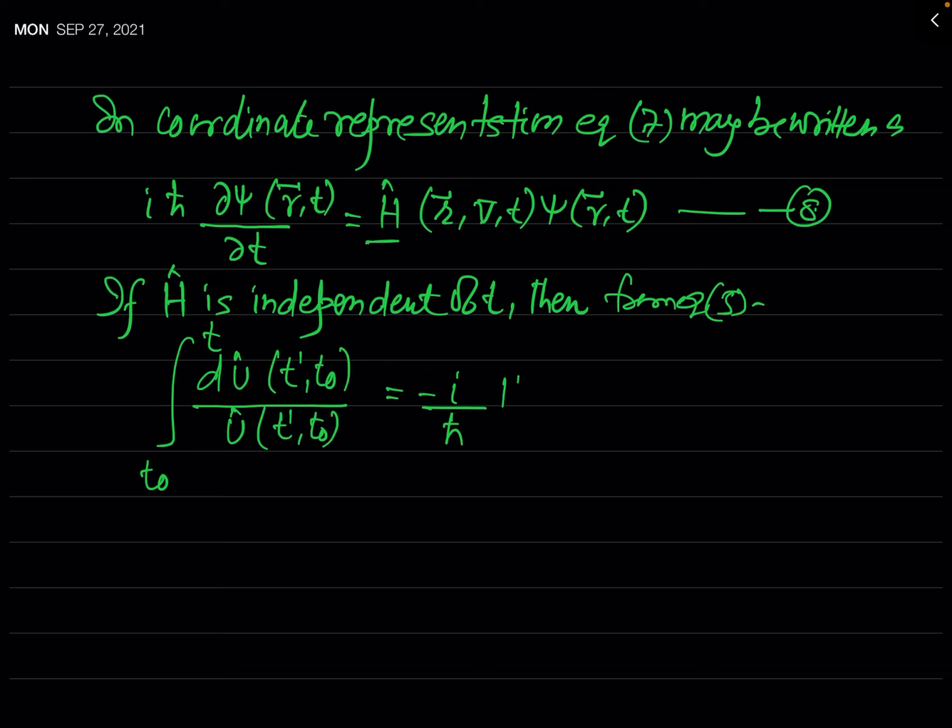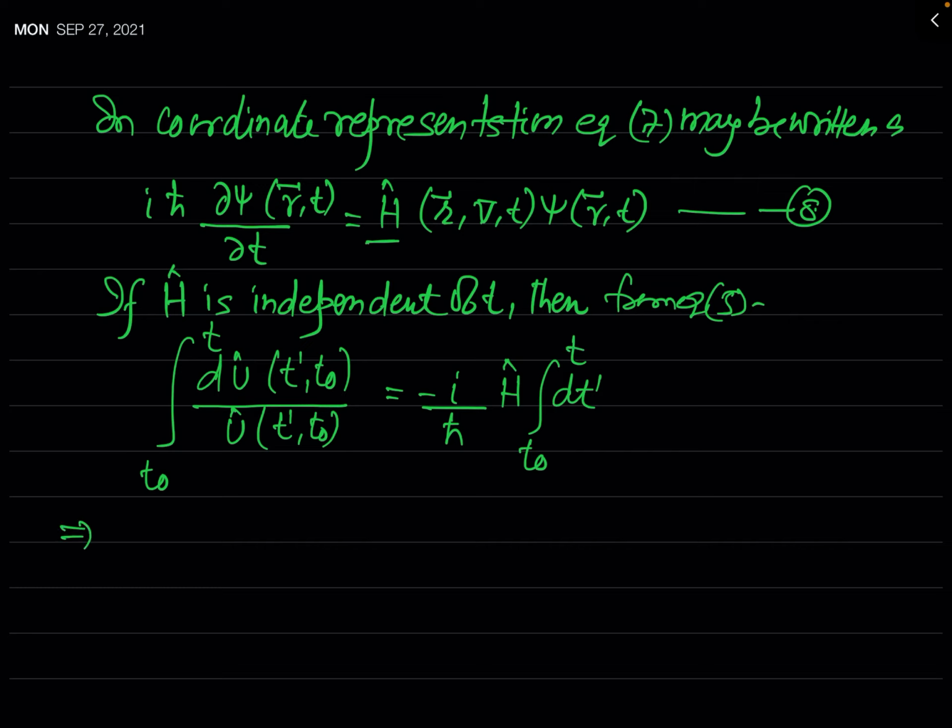On the right-hand side there is H, but now H is independent of time, so we will take it outside of the integral, and U has been taken to the left-hand side, so here there will be only dt', from t0 to t.